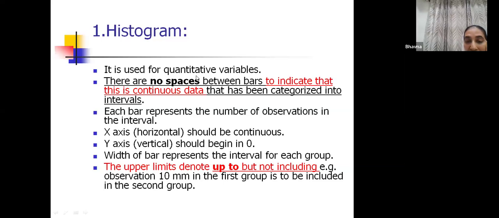For example, blood pressure is quantitative data. Your weight is quantitative data. Height is quantitative data. So a very important thing to remember here is that there are no spaces between bars in a histogram, to indicate that this is continuous data that has been categorized into intervals.